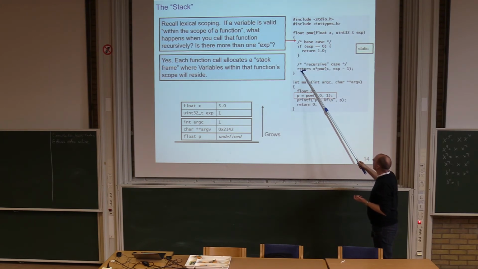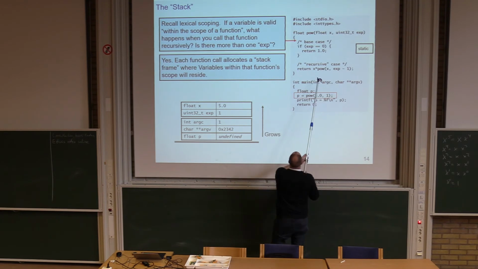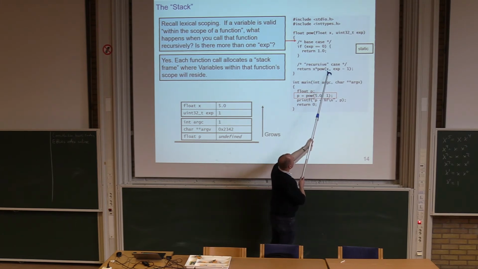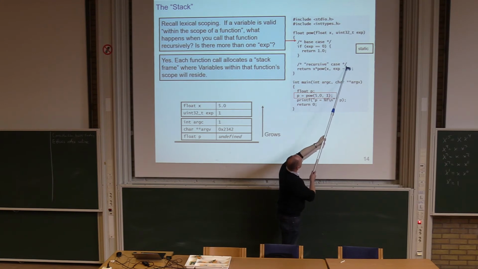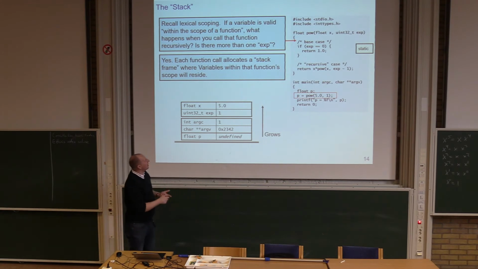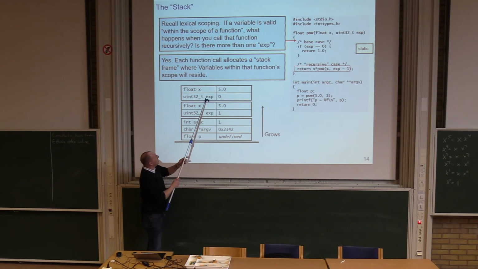So we will go down and execute this part instead. What we will now do is multiply x with something where we call the function again with the same x but with the exponent decreased by 1. So now we will put x and exp on the stack again, but this time x will be the same, and the exponent will be decreased by 1, so it will be 0.